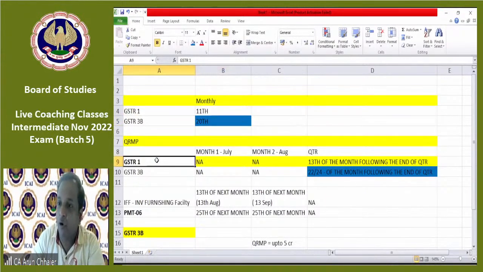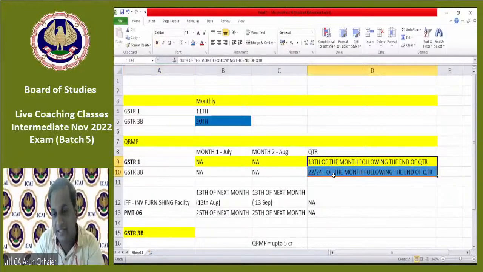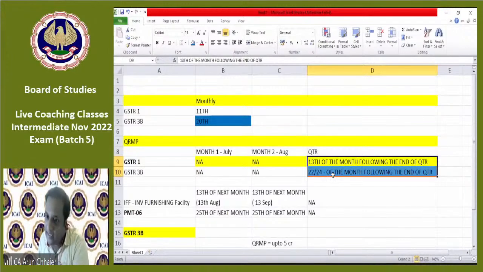Similarly, if I am opting QRMP, then after the end of the quarter, suppose we are talking about July to September, after September, till 13th I have to file GSTR1, and till 22nd or 24th, I will file the GSTR 3B. That's it.